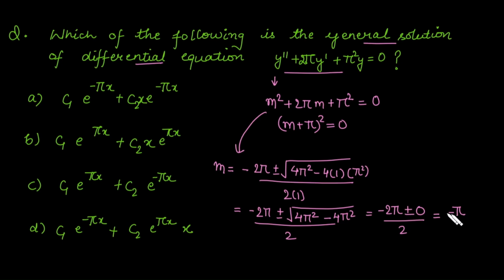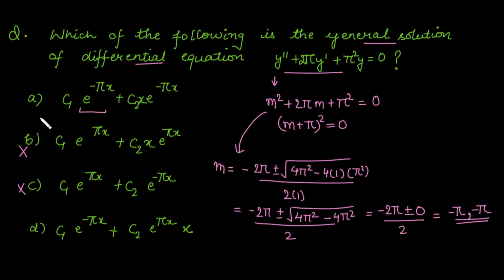Plus minus indicates that there are two roots and both are equal, that is minus pi and minus pi in this case. So according to this, what is the solution? Both the roots are the same and real. So in this case, e raised to power minus pi x is there, but e raised to power pi x is incorrect. Same for this one, incorrect.